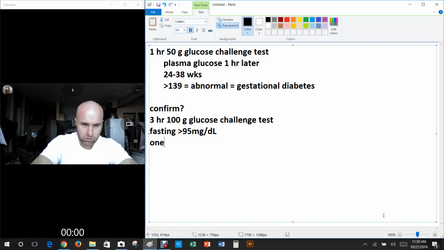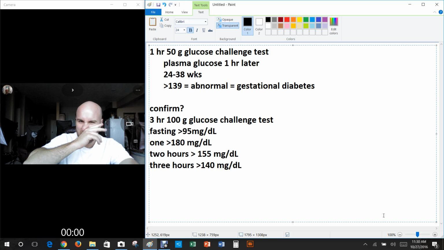And then at 1 hour, it should be above 180 milligrams per deciliter. And then at 2 hours, 155 milligrams per deciliter. And at 3 hours, greater than 140 milligrams per deciliter.